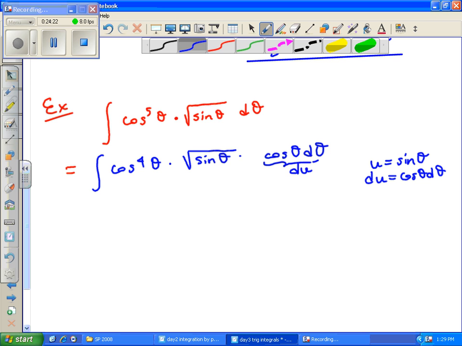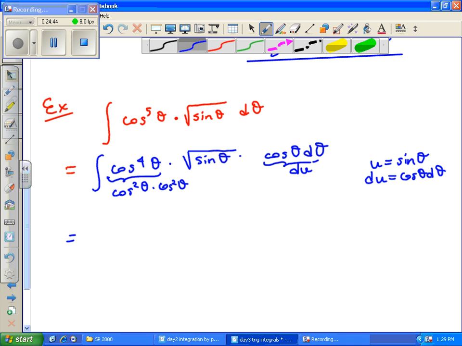What this is telling me is I've got to have everything in terms of sine, and the du is already there, right? But everything else must be written in terms of sine. Well, cosine to the 4 can be written as cosine square times cosine square, right?